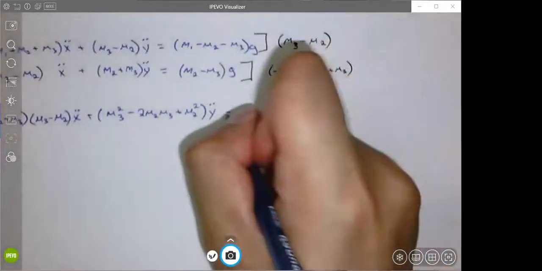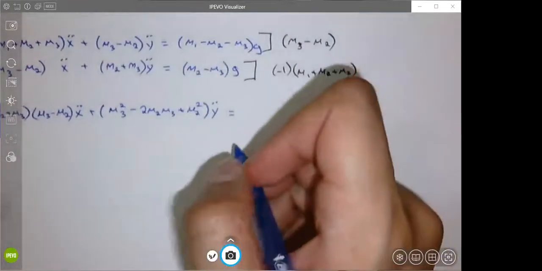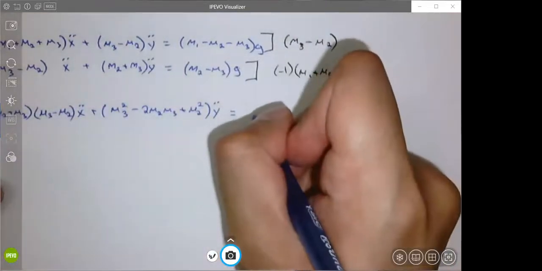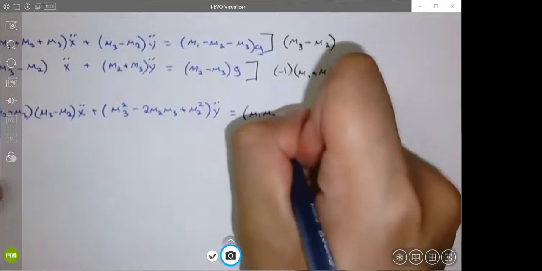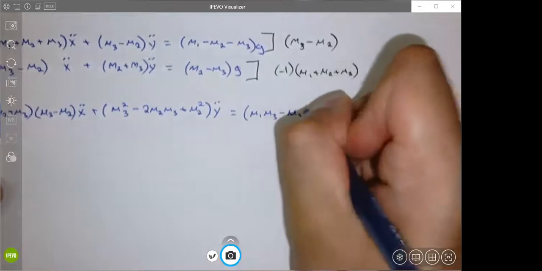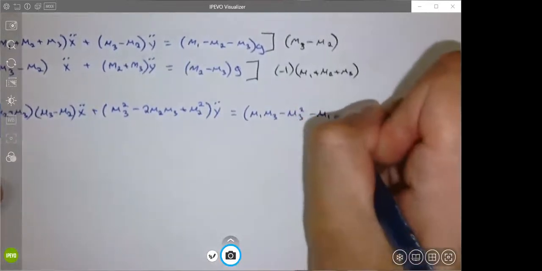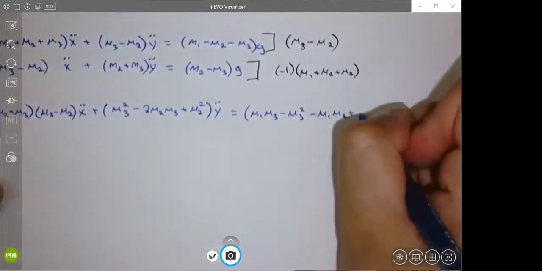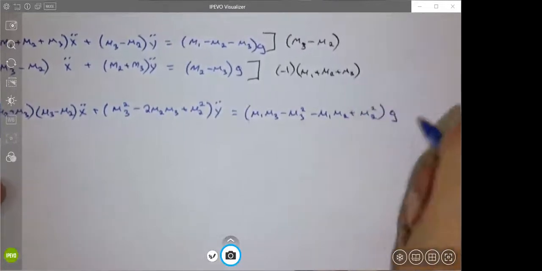Finally equals this side right here. Distribute this into here, we will get parentheses m1 m3 minus m3 squared minus m1 m2 plus m2 squared, multiplied by g.